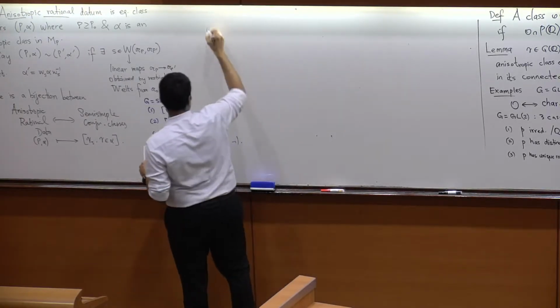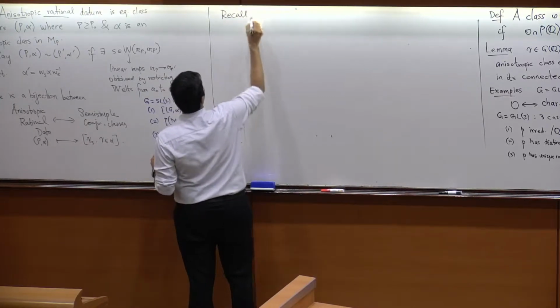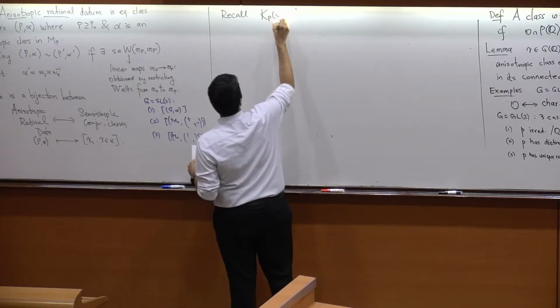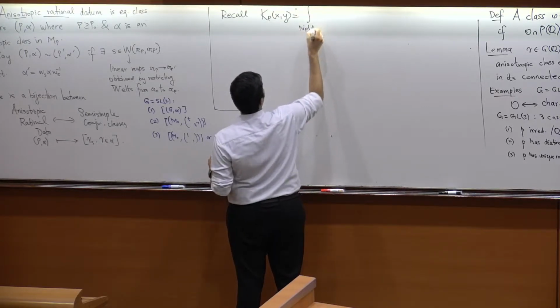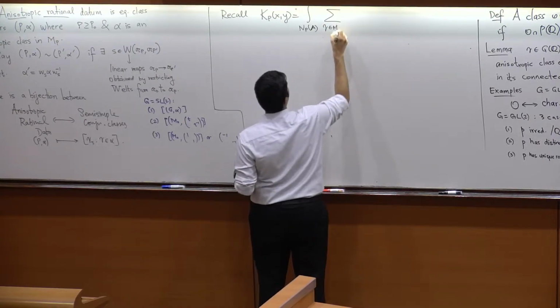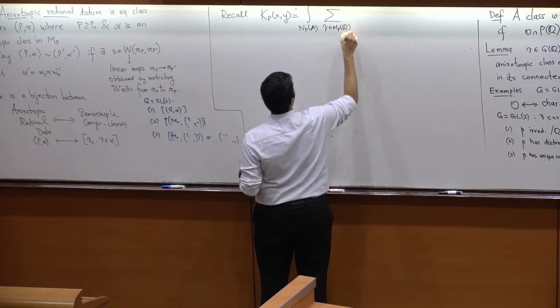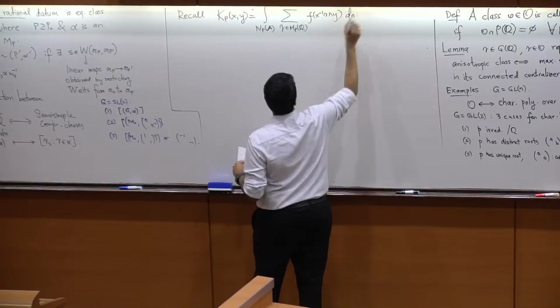So recall the definition of Kp. It was the integral over NPA of the sum over gamma in MPQ of f of x inverse gamma ny dn.